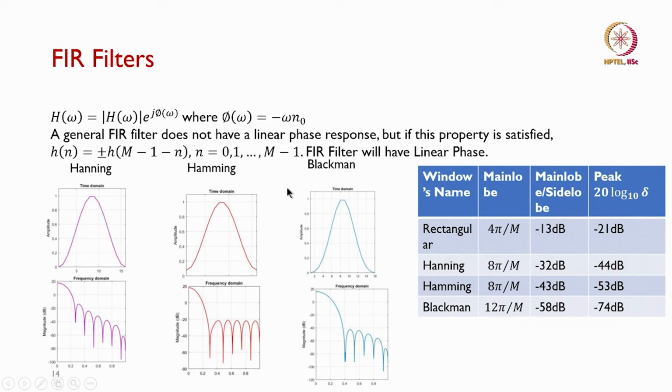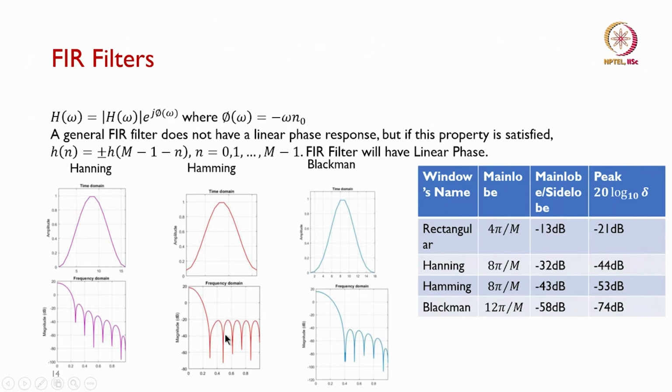As one comments here, energy can neither be created nor destroyed, basically. So, how are we going to distribute the energy in the windowing? If you distribute more energy in the main lobe, then the side lobes are going to be reduced.